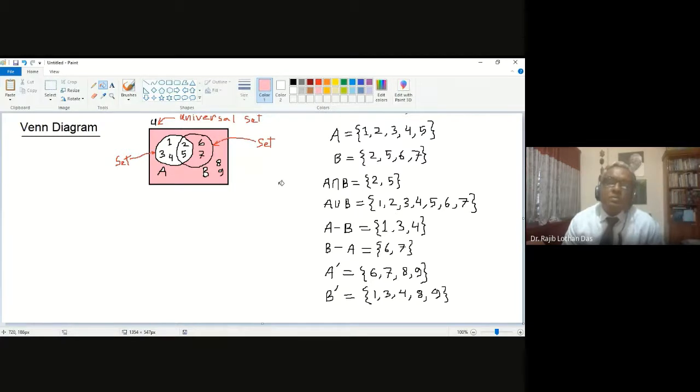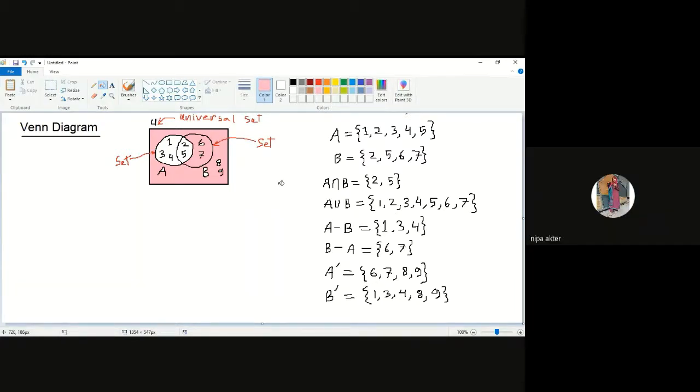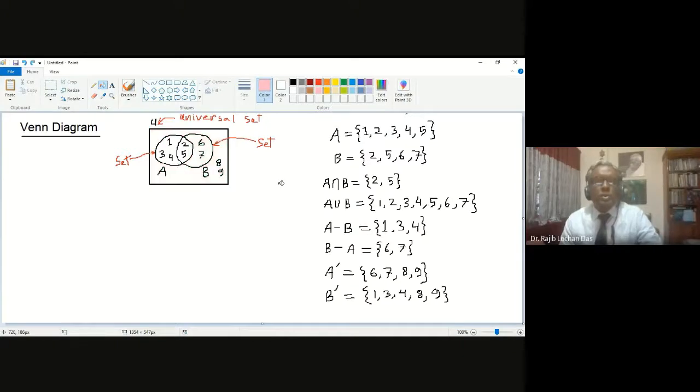Very easy, simple thing. 2, 5 also includes B circle. So if you think about B prime, then you will go to outside of B circle. So 2, 5 will not come outside of B circle. So 1, 3, 4, 8, 9. Yes.